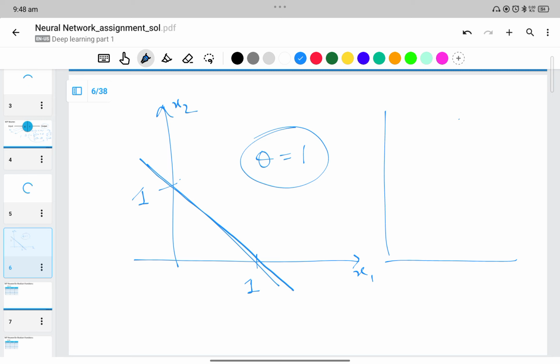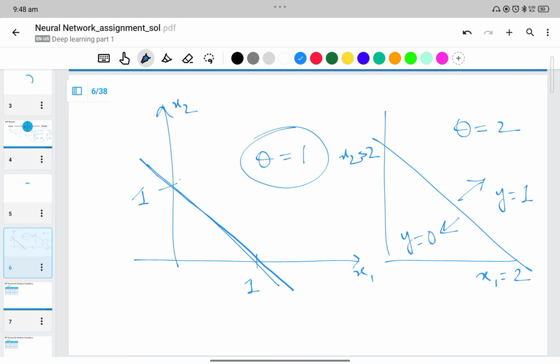If you increase the cutoff, say theta equals 2, the decision boundary will be like this, where x1 here will be 2 and x2 here will be 2, and whatever is up here will be considered output 1, and whatever is down here will be considered output 0. The same goes here.